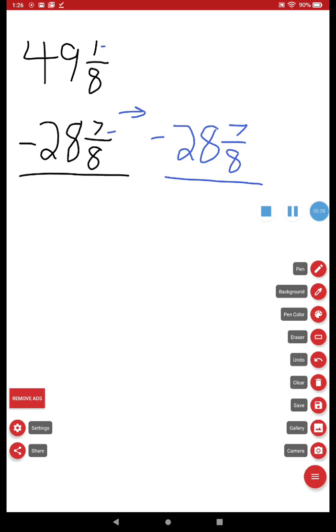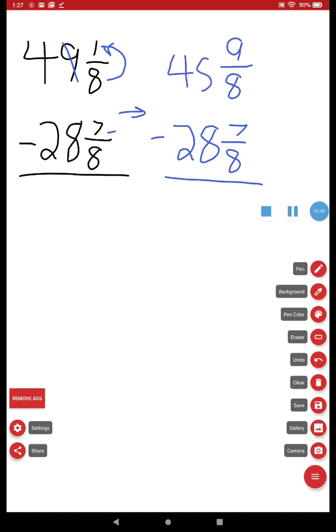Borrowing the 8s. 8 plus 1 gets me 9. I'm still talking about 8ths, so that stays as my denominator. I borrowed from the 49. 49 borrowing 1 becomes 48.